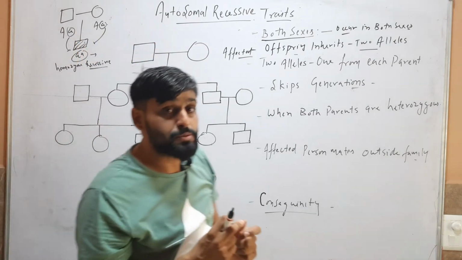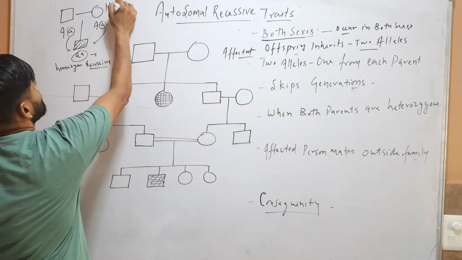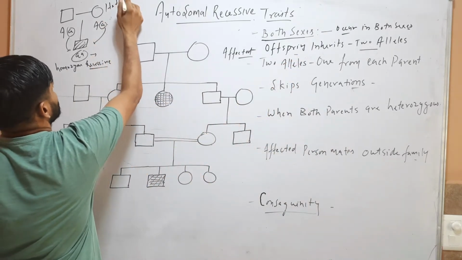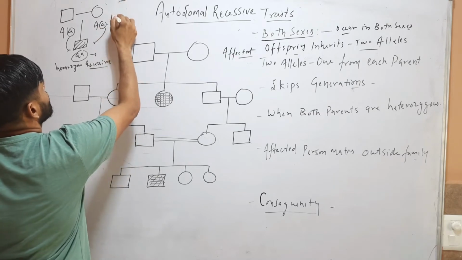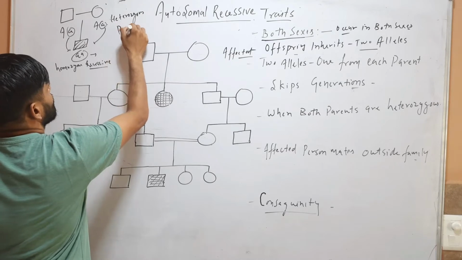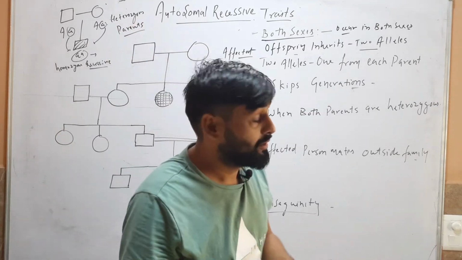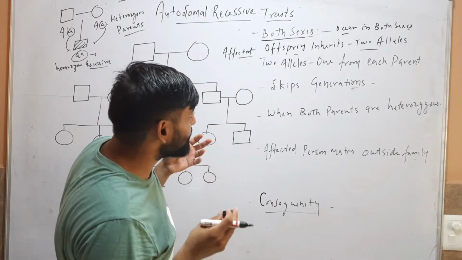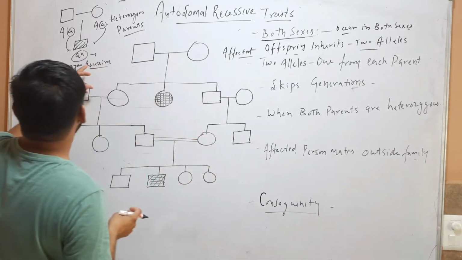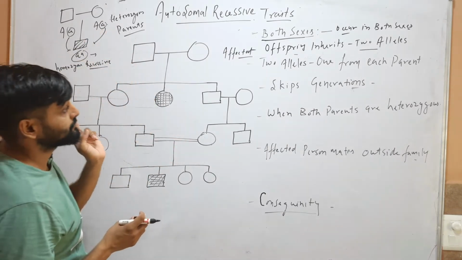So an affected offspring always has heterozygous parents. A person or offspring who is affected will always have heterozygous parents.